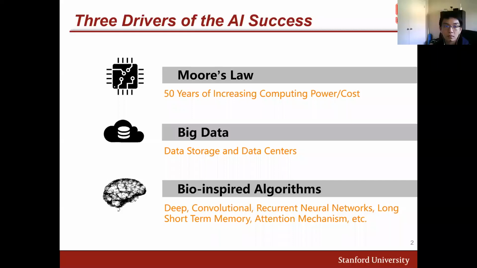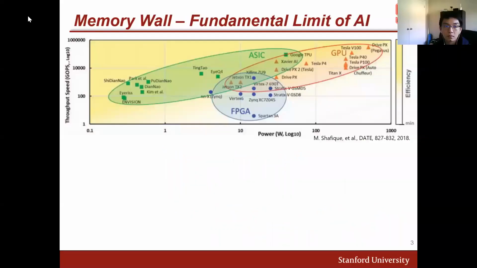So if we plot the electronics hardware over the years, in terms of their throughput, meaning the giga operations per second, on the vertical axis versus the power consumption, we can see that there's a very obvious correlation here. If you want more powerful computing machines, that is higher throughput, you need to put more power into it.